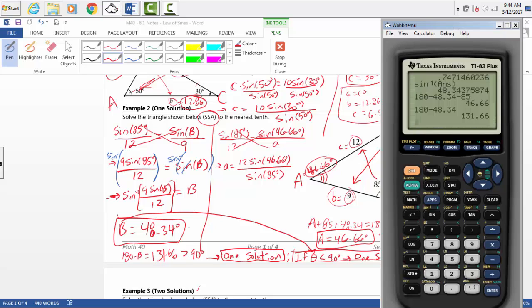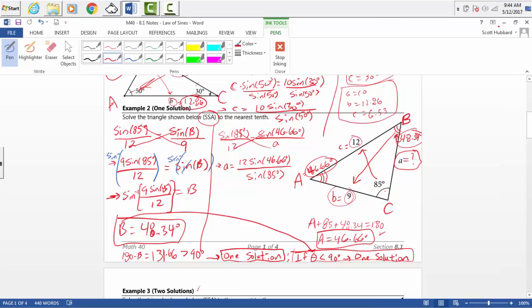Then you go here, 12 sine 46.66 divided by sine 85, and that gives me my last side, 8.76. So that's right here, 8.76.